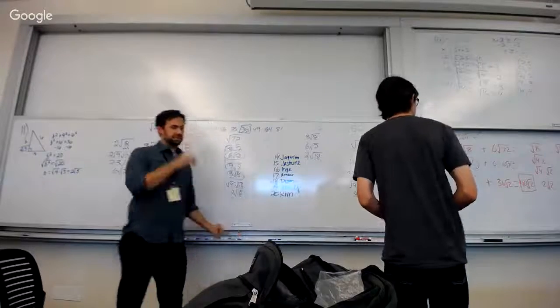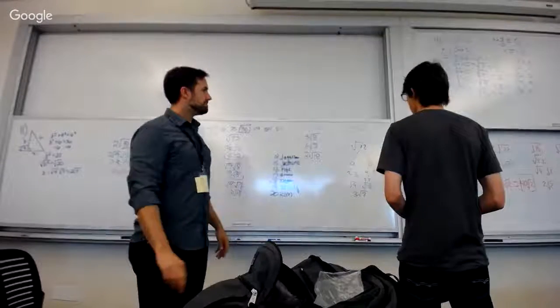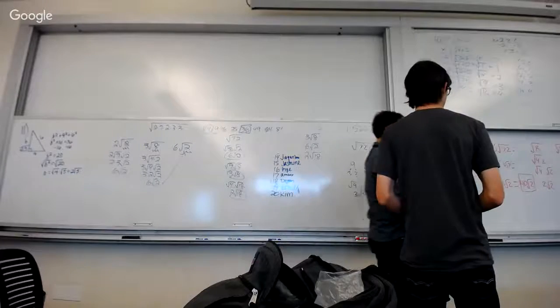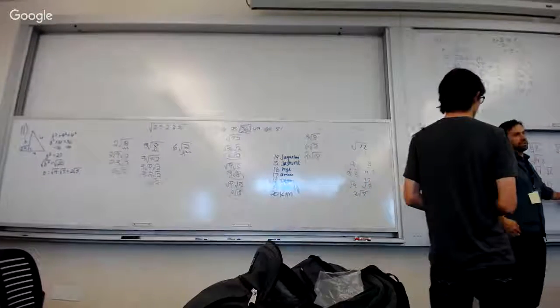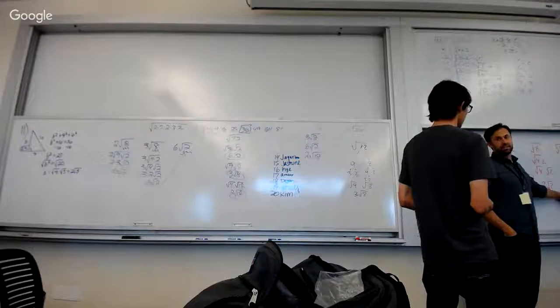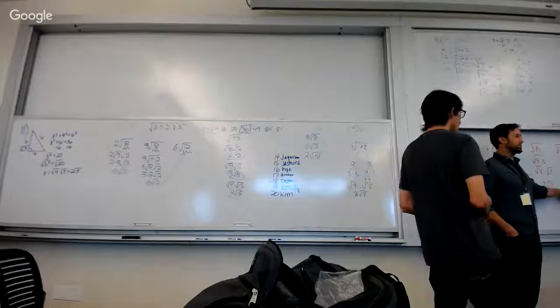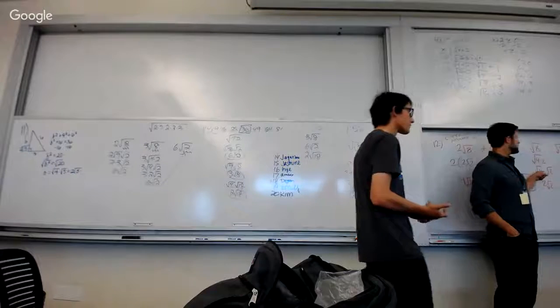Did that answer your question? I don't really follow this one right here. This doesn't necessarily demonstrate how he got his answer. Jesus, how did you get your answer here? Because here I see very clearly what you did.